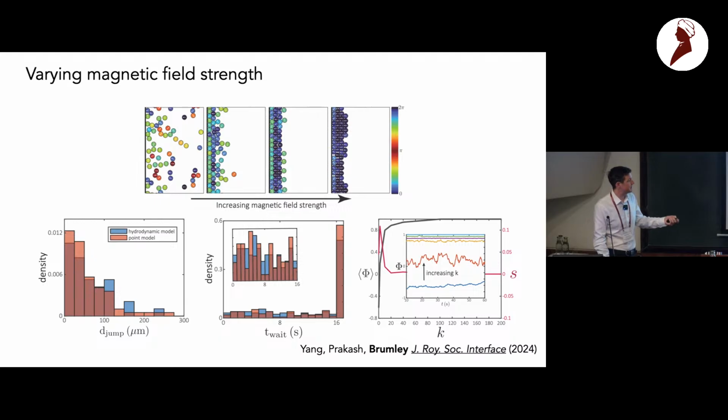But there's an intermediate case where the field is strong enough to guide them and align them near this oxygen interface, but still not strong enough to completely overcome hydrodynamics. So it brings them together in a manner that can elicit hydrodynamic interactions, which then can destabilize their orientations. And so you see very strong fluctuations in their alignment, their ordering, in this particular case.